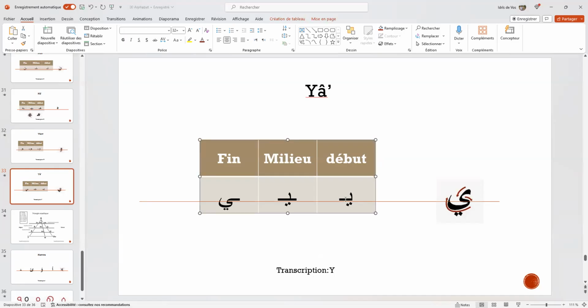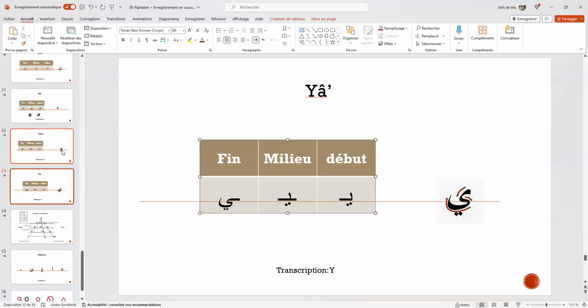For example, if I put an A here on this letter, it gives, let me switch to Arabic, it gives YA. If I put an I, it gives YE, and if I put a U, it gives U. There you go. So in this case it has the function of a consonant, like all consonants.